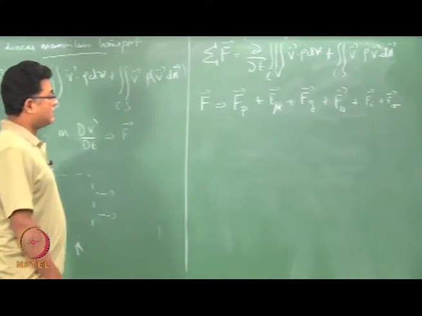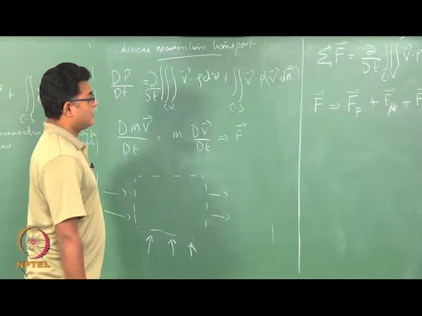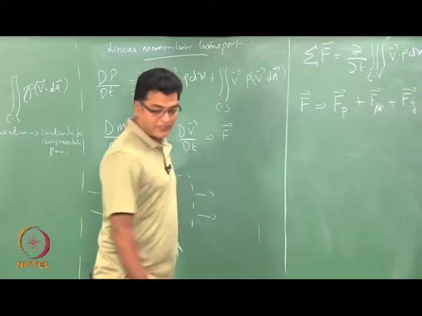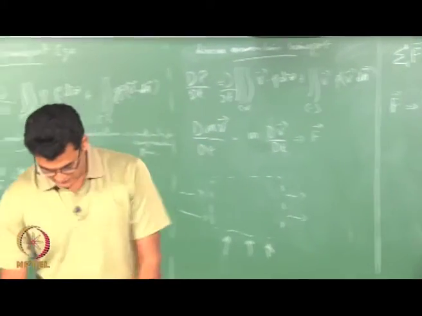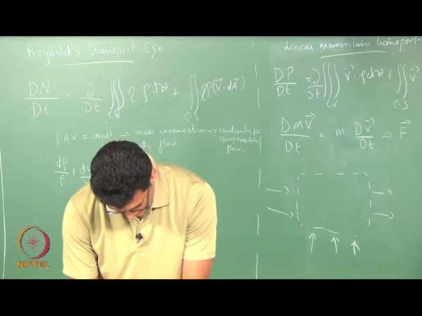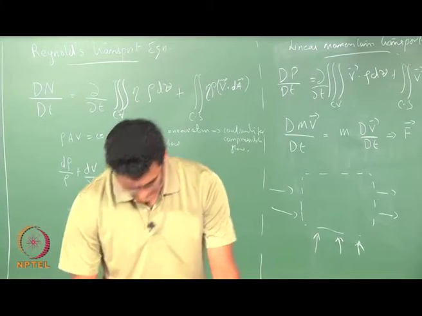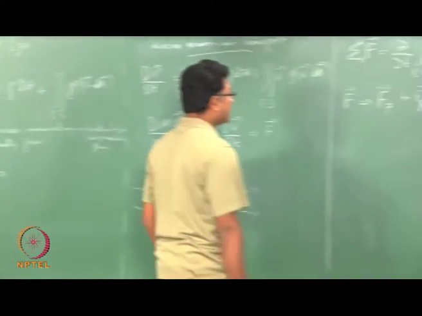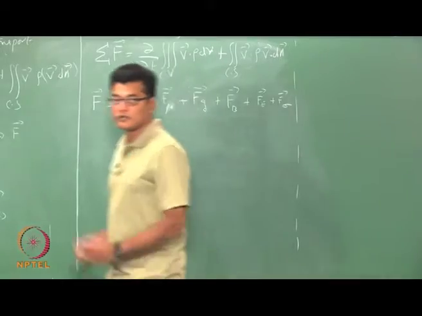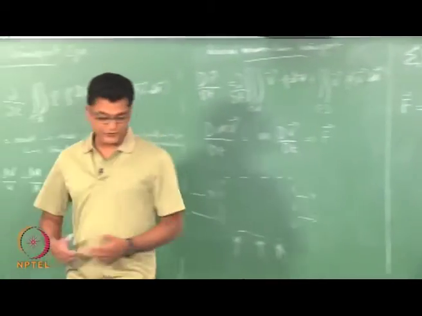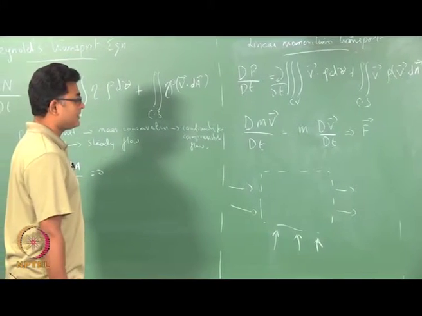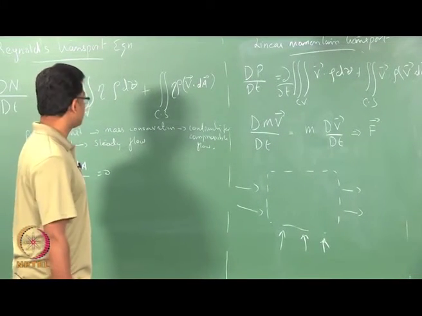So we will leave it at that, the momentum equation, and we will go on to derive the energy equation and see how we will do a few examples and see how these are useful in evaluating the forces.